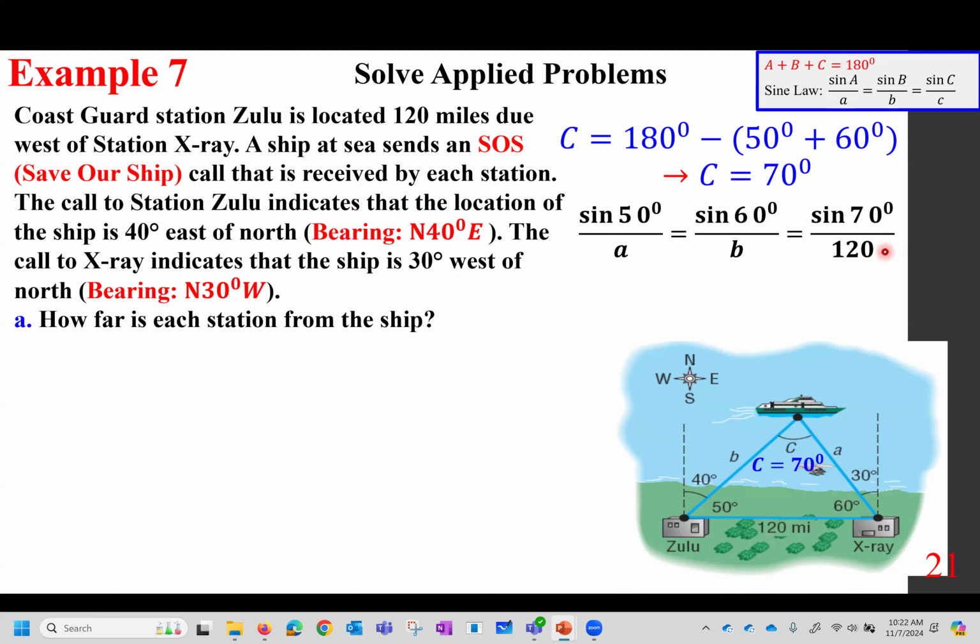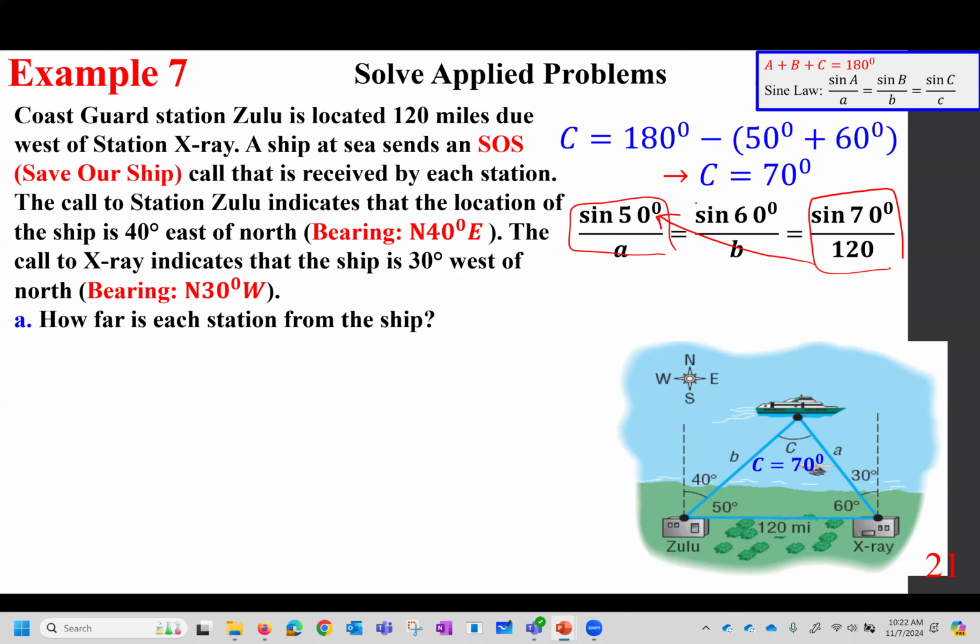So this is known. If you use it with this one, you find A. If you use it with this one, you find B. Since we want A, so you use this too, okay, class? That means A is 120 times sine of 50 divided by sine of 70.